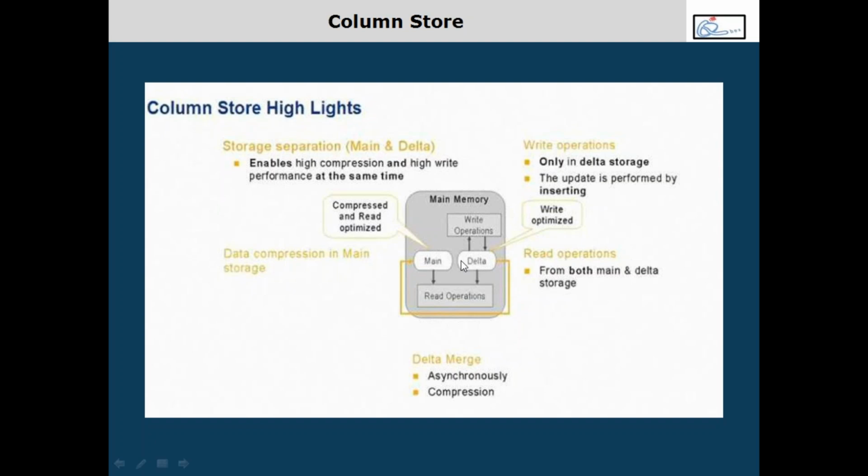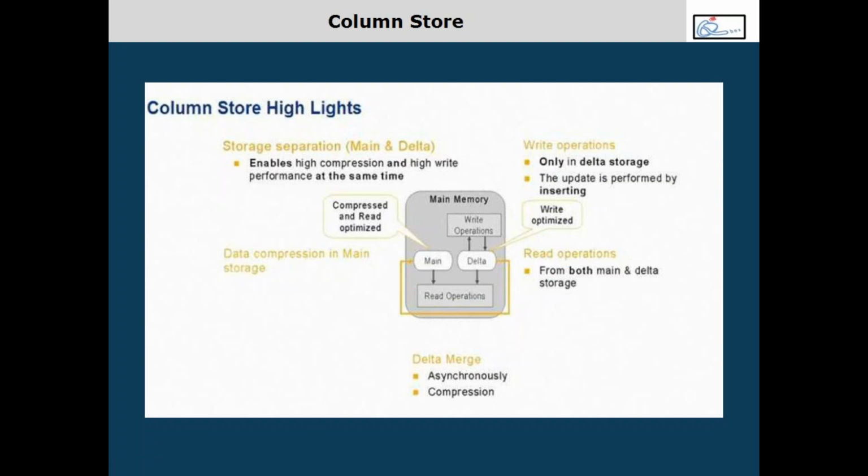The delta storage will be more like a row store concept. The delta storage is more like a row store concept, and main store is more like columnar storage. Delta storage or delta block or delta table will be more with the row store mechanism, and the main table will be more with the columnar storage mechanism in the backend.